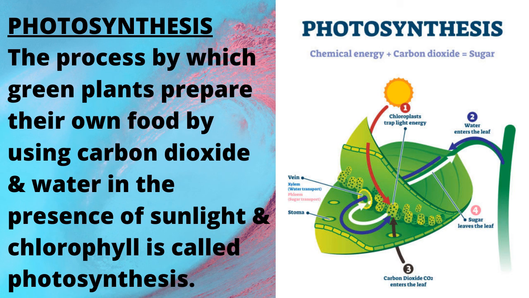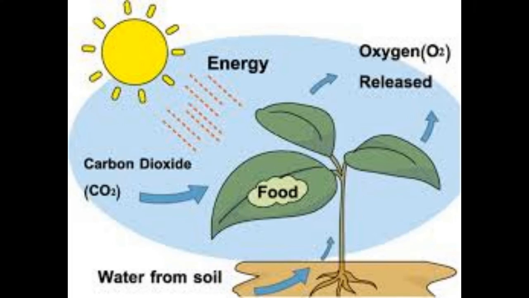So, in simple words, photosynthesis is the process by which green plants can prepare their own food, that is, in the form of glucose, by using carbon dioxide and water in the presence of sunlight and chlorophyll. And oxygen is released during this process.